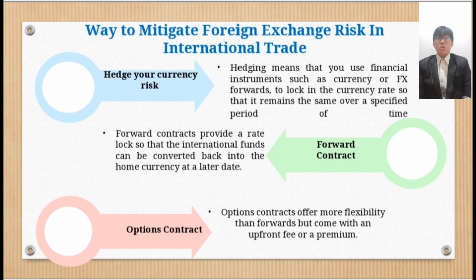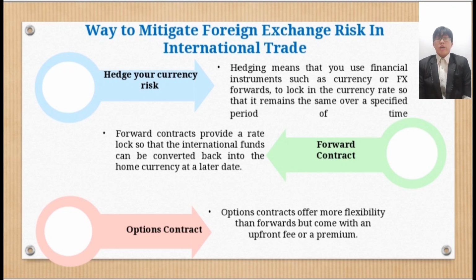The third way to mitigate the foreign exchange risk is using a foreign exchange option or currency option. It gives the investor the right but not the obligation to buy or sell a currency at a specific rate on or before a specific date.